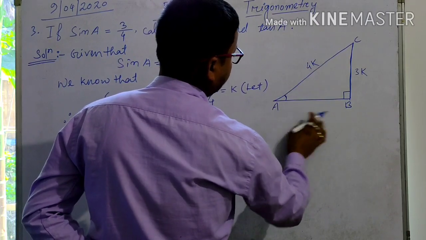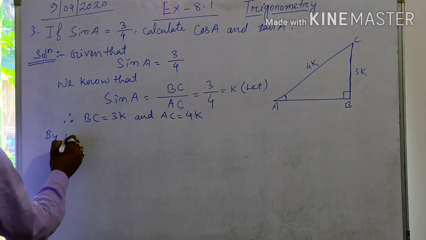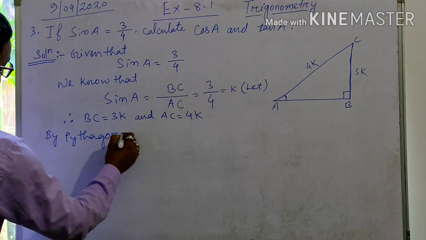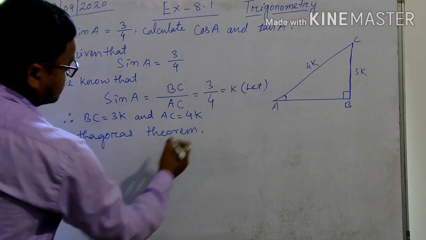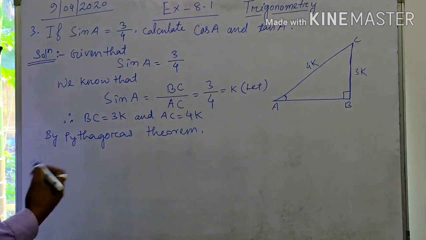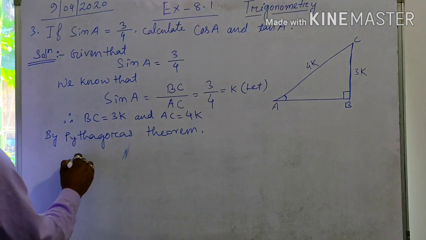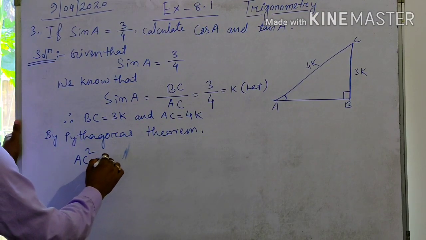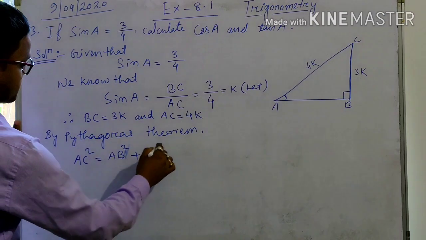Now we need AB by Pythagoras theorem. By Pythagoras theorem, hypotenuse square, here the hypotenuse is AC, so AC square is equal to AB square plus BC square.